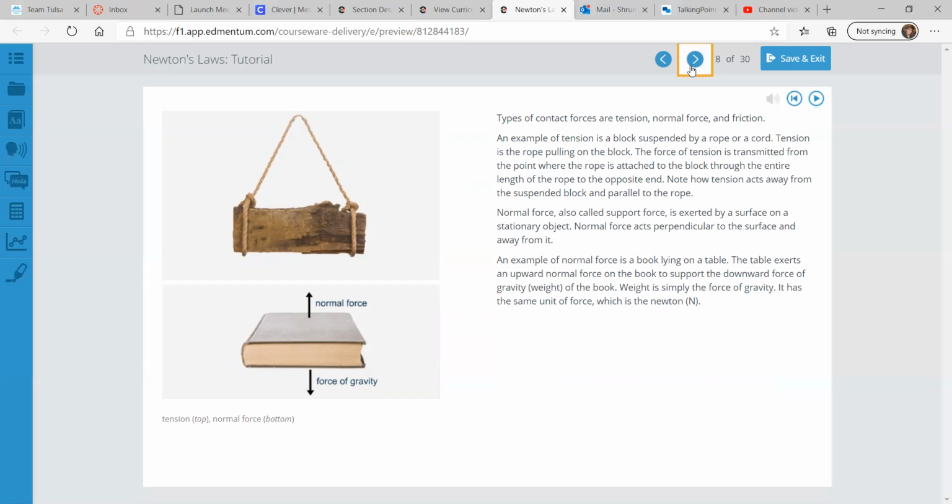The table exerts an upward normal force on the book to support the downward force of gravity. Weight is simply the force of gravity. It has the same unit of force, which is the Newton, capital N. So gravity pulls this book down, and that table, the surface, exerts a normal force in the opposite direction.